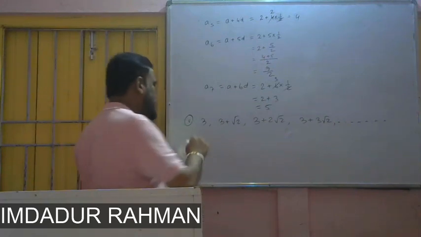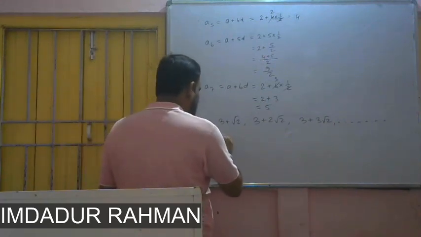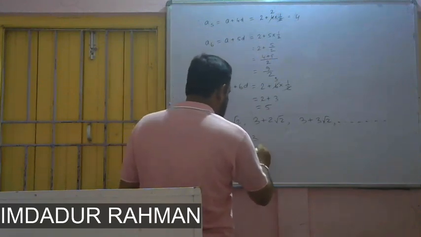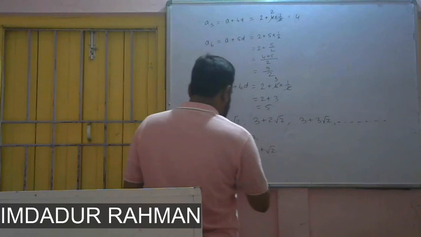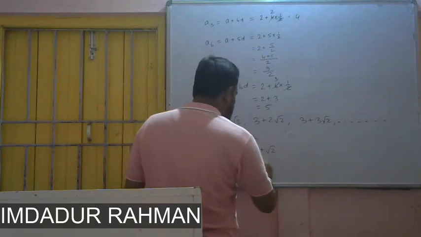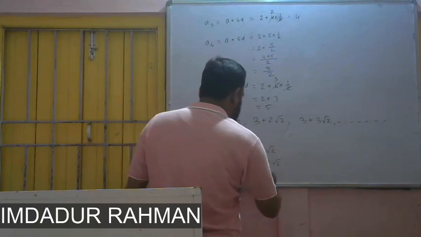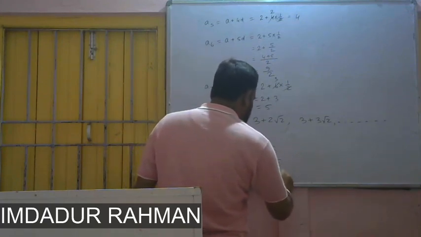Here A1 is equal to 3, A2 is equal to 3 plus root 2, A3 is equal to 3 plus 2 root 2, A4 is equal to 3 plus 3 root 2.